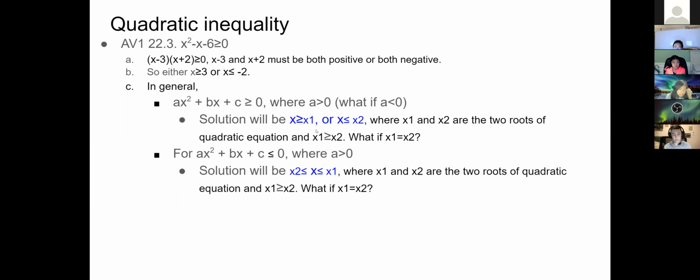We also covered the case when x1 equals x2, and in that case, x can be anything. Also, if it's less than 0, there has to be a range in between the two roots. So these are the basics. We can't afford forgetting them.